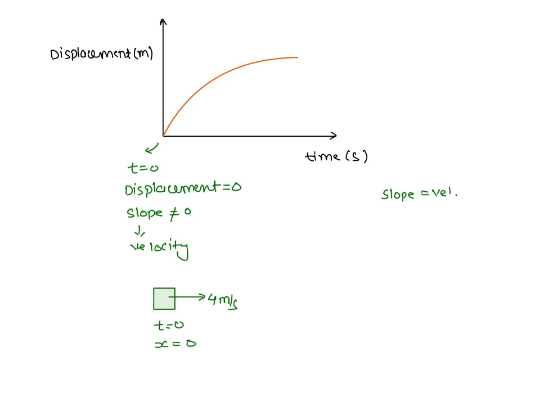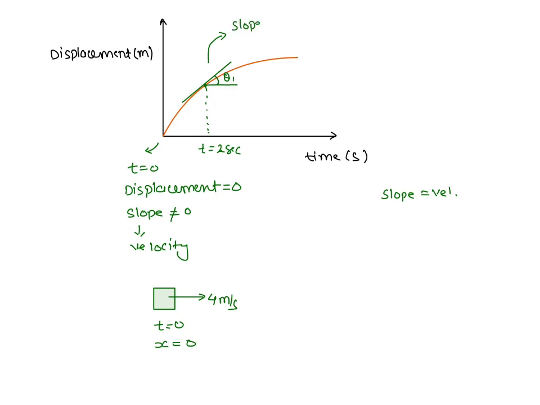Now let's see this point. And I am saying let this time be equal to 2 seconds, right? So if I have to find velocity at this point, I will draw a tangent here, and this angle with the horizontal, let it be theta 1. Can I say slope is positive here?